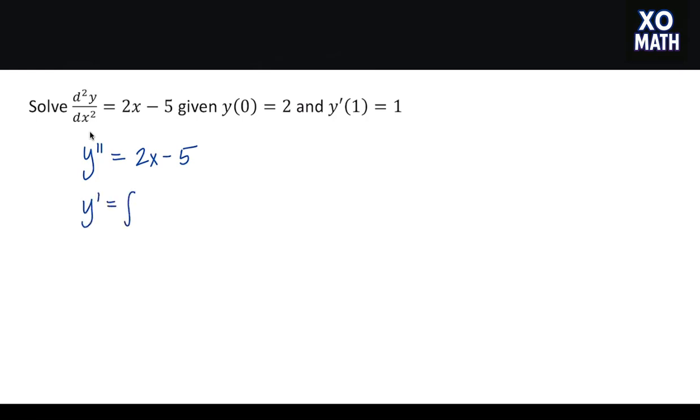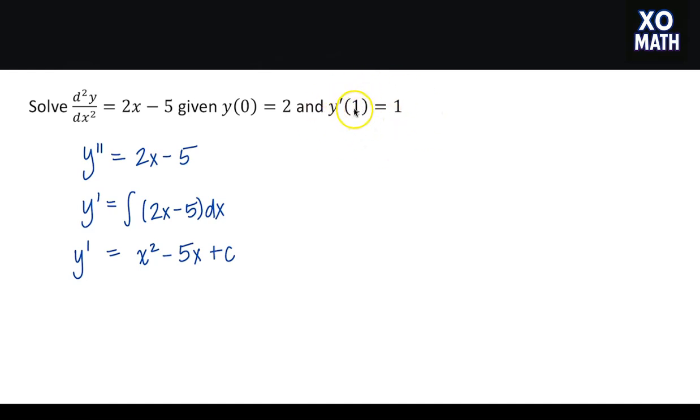Y prime is the integral of 2x minus 5 dx. So if we integrate 2x minus 5, we're going to get x squared minus 5x plus c is equal to y prime. Now, I can solve for the value of c because I have an initial condition involving y prime.